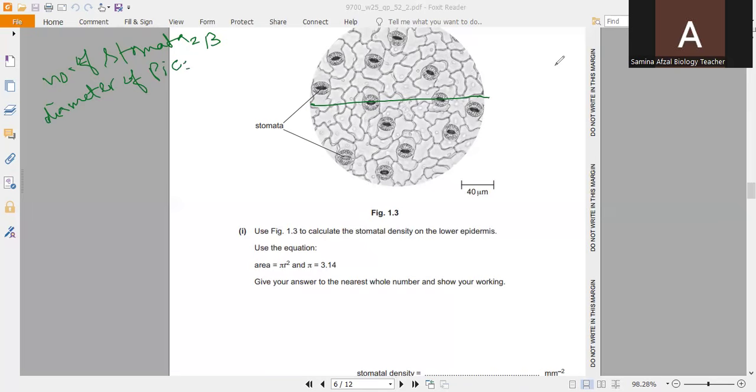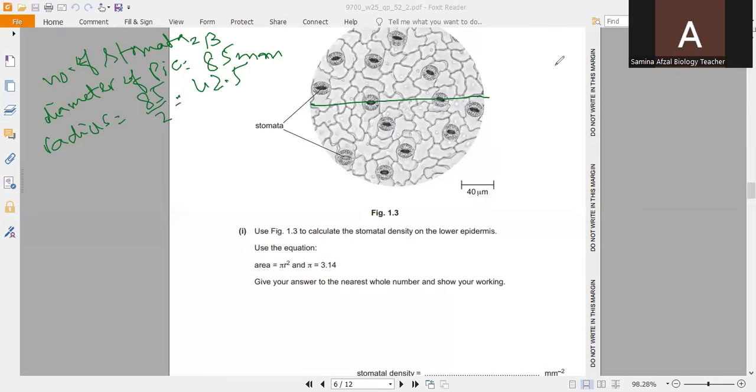It is about 85 millimeter, because according to the size of the page, it changes. So the radius is equal to 85 divided by 2, which is 42.5.